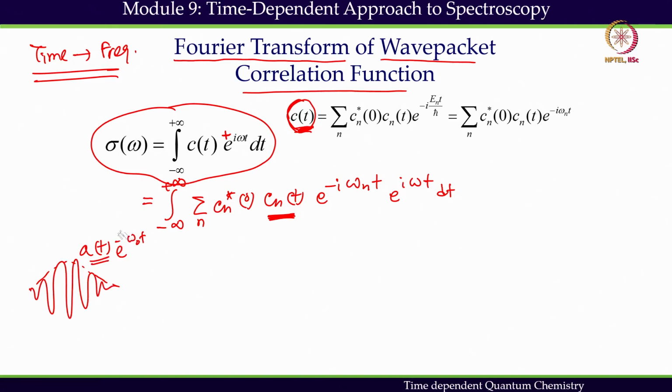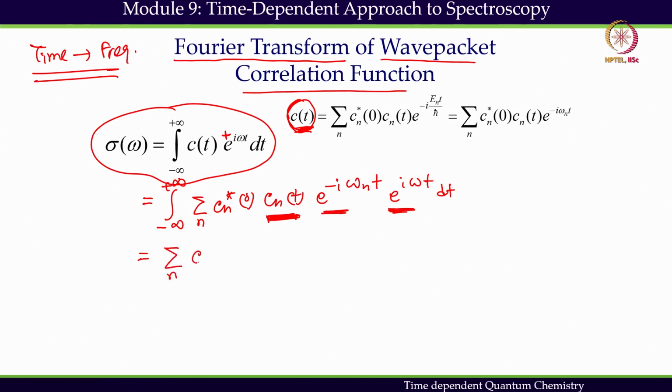Following a similar note, if we consider that C_n(t), although it is time dependent, is varying very slowly compared to these two oscillatory terms, then we can take it out of the integration and write down the sum of C_n star(0) C_n(t), then the integration from minus infinity to plus infinity of e to the power i omega t, e to the power minus i omega_n t dt.